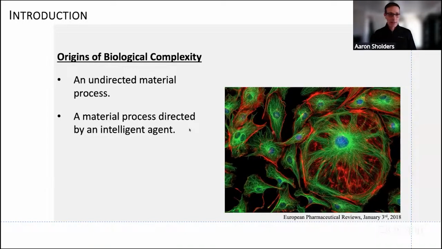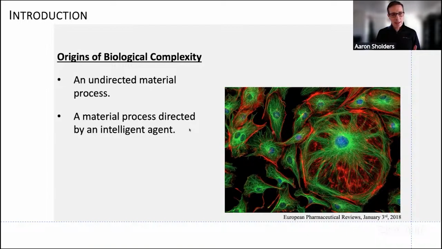This says that time plus energy plus chance is a sufficient explanation to describe how all of biological complexity and all biological organisms came into existence. The other option would be that there is a material process, but there's an engineer behind the material process, an intelligent agent.